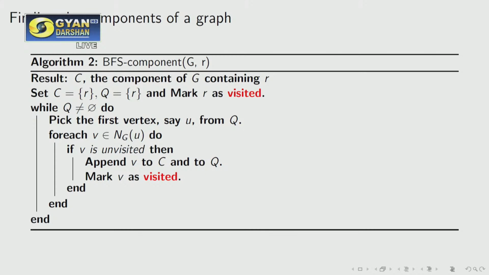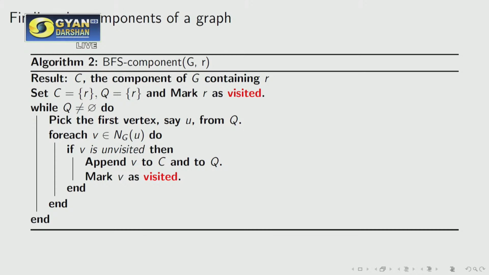Here we can see that we have picked a vertex U, which is the first vertex from Q, and just explore all the neighbors of U, and whenever we find that some neighbor is unvisited, that neighbor is appended to C and to Q, and finally it is marked as visited.